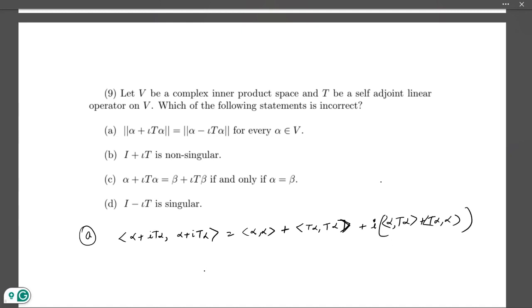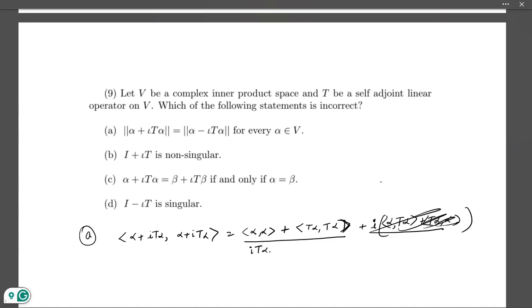Now what about the second one, when we replace plus by minus i? No, no, there is a little mistake in this calculation. Let me write it again.